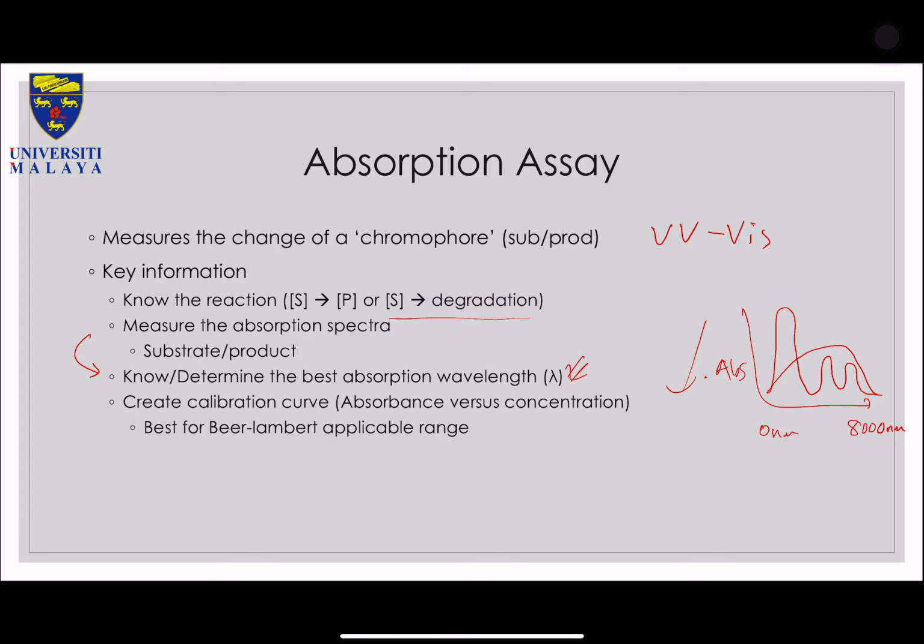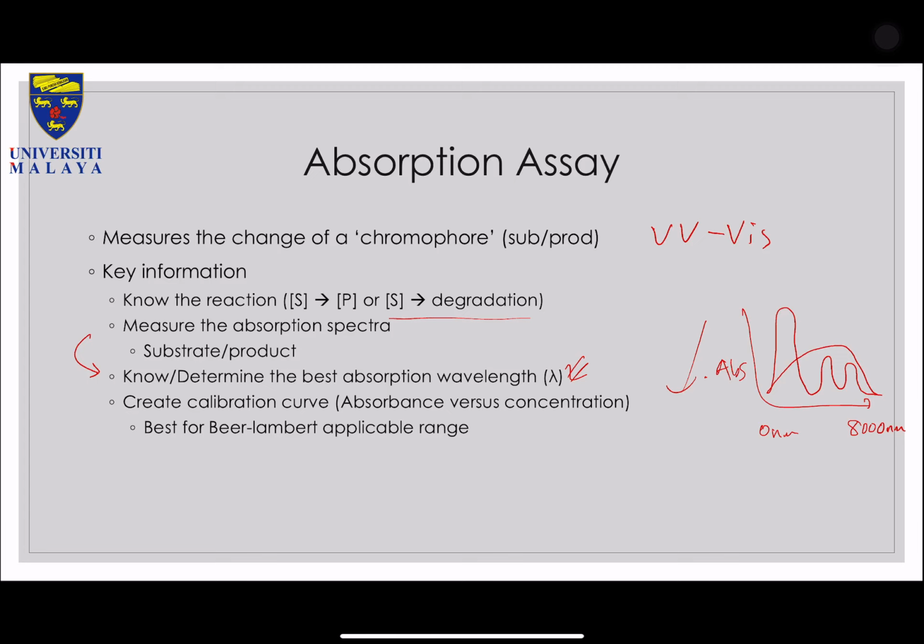You can measure it because you might want to investigate whether the enzyme is being consumed or whether the enzyme is being regenerated. So you might want to know the absorption of the enzyme as well. But because you are doing reaction monitoring or enzymatic activity measurement, what you need to know is the rate of disappearance of the substrate or the rate of formation of the product.